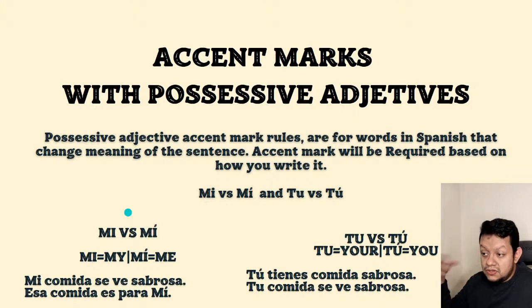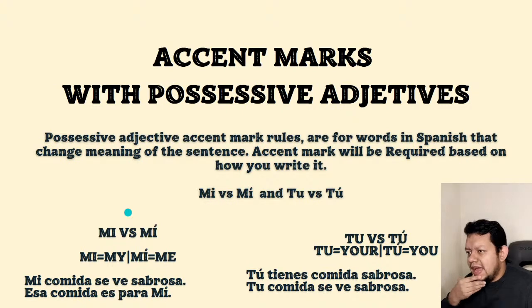But if you're talking about yourself, then an accent mark will be there. So that was the last part where we would stress an accent mark. The only other time you would ever stress another accent mark again is if there was a different word, let's say from a different language, that might stress an accent mark otherwise.